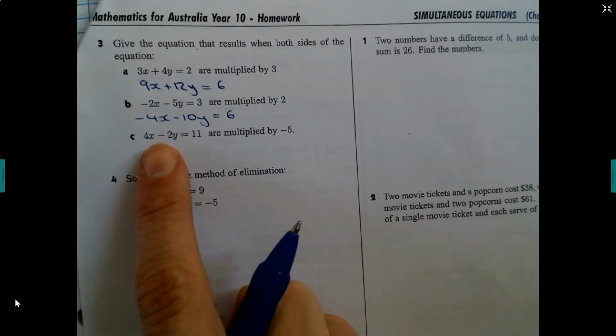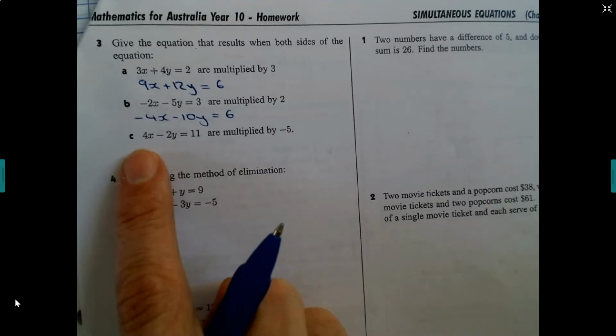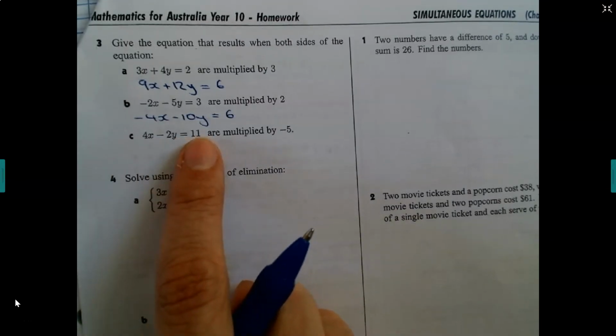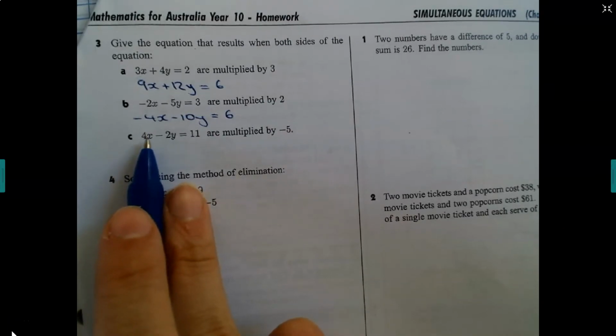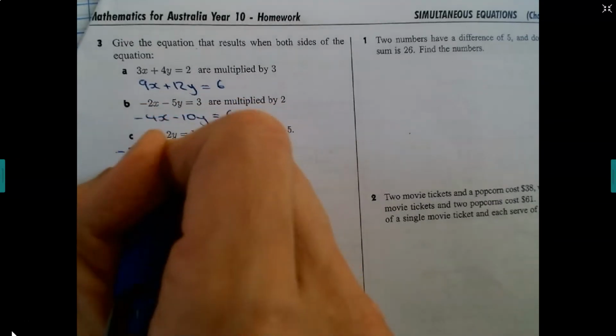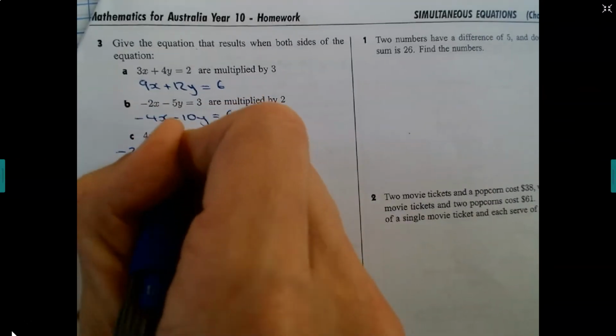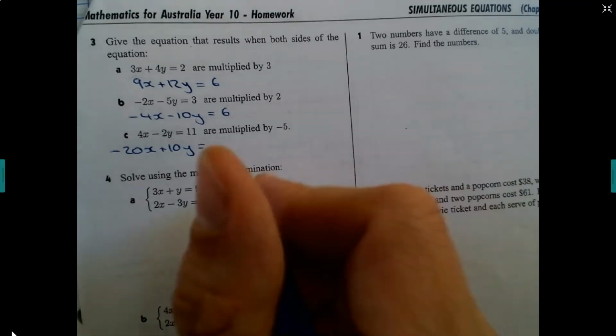What if I was to multiply both sides of the equation by minus 5? I have to multiply all of the terms by minus 5. So this is going to be minus 20x plus 10y is equal to minus 55.